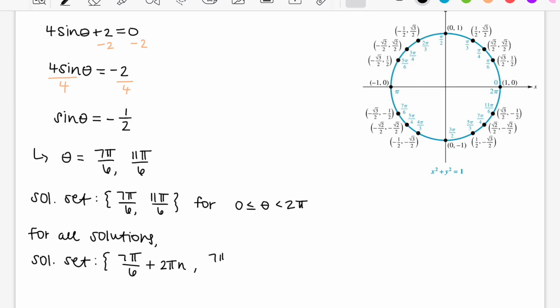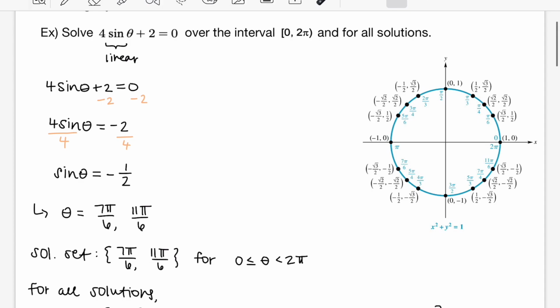And similarly for 11 pi over 6 here, we're going to add a multiple of 2 pi to that, and then we say n is any integer. So that would be our solution set for all solutions outside of this interval, looking at multiples of 2 pi.